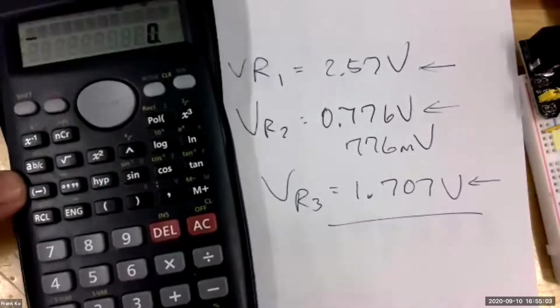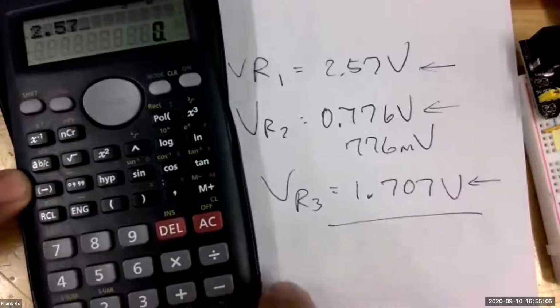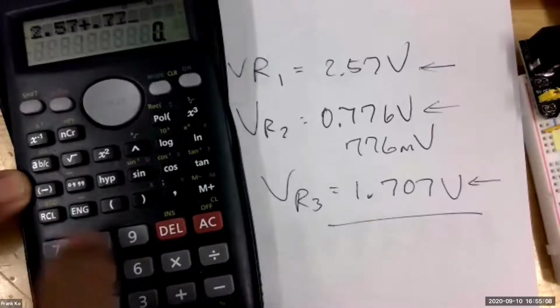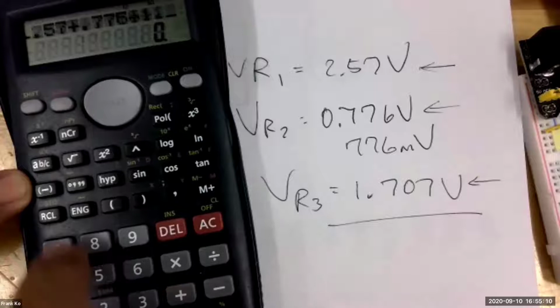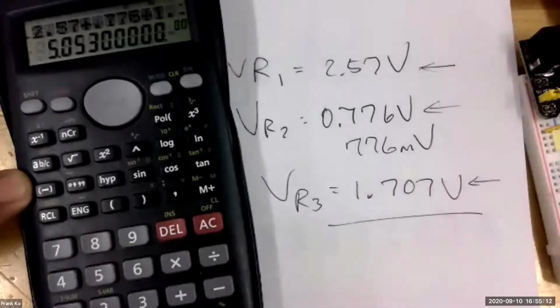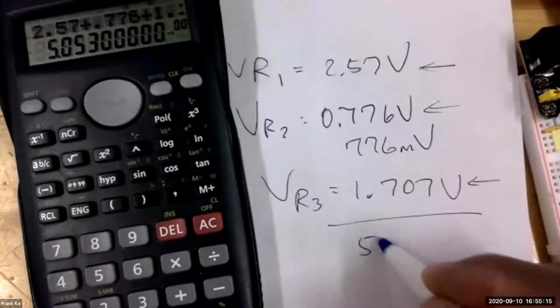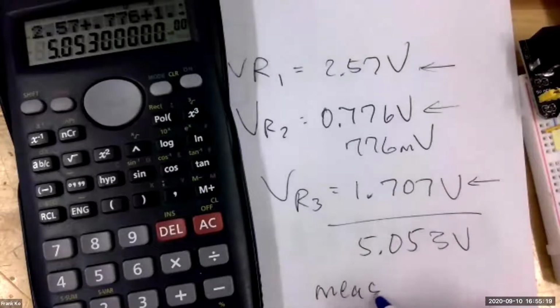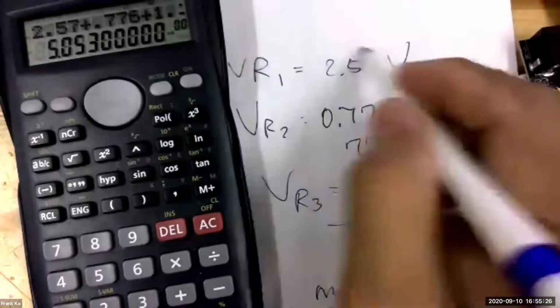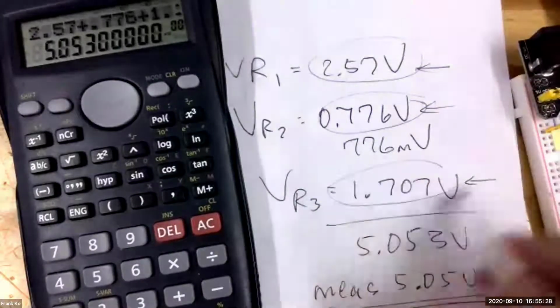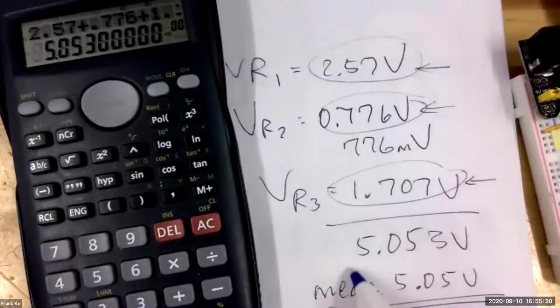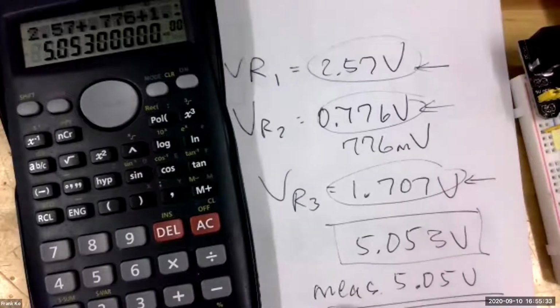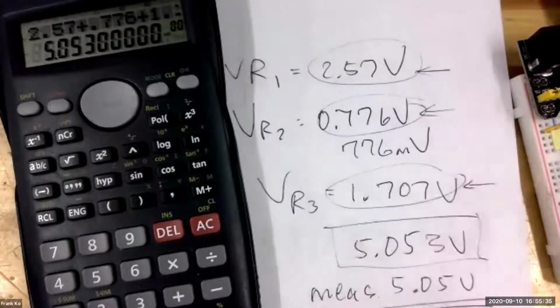So we're going to punch in 2.57 plus 0.776 plus 1.707 equals, wow, 5.053 volts. And what did we measure? We measured 5.05 volts, okay? So this is a valid value, so is this, and so is this, because they add up to something very close to our measured 5.05 volts.